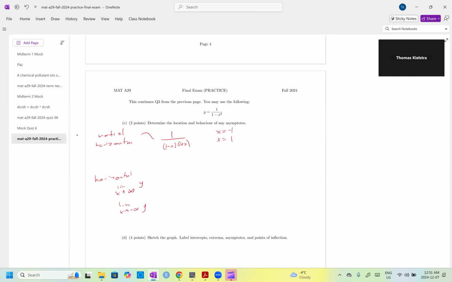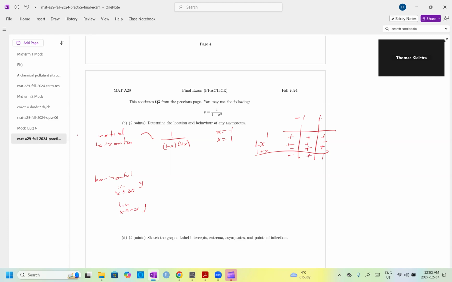Now, to help with this, I like to create a sign chart of my function, which here is going to be built around minus 1 and 1, 1 minus x, 1 plus x. This is positive everywhere. This is negative, positive, positive, positive, positive, negative. So negative, positive, negative.